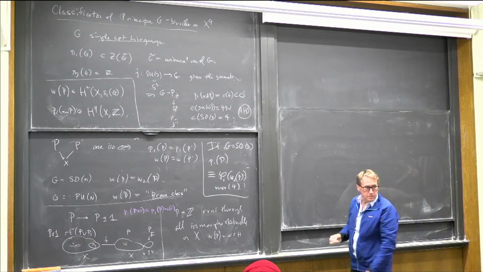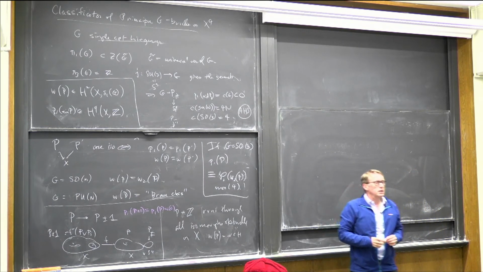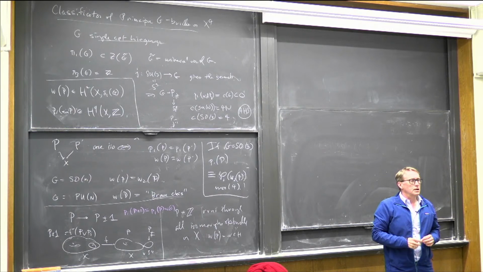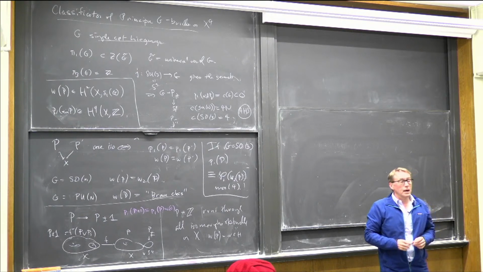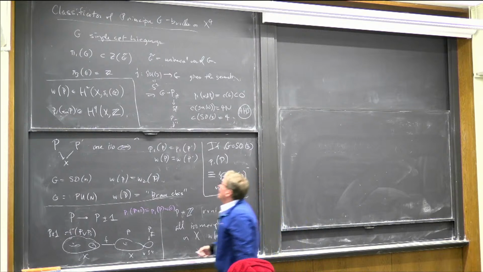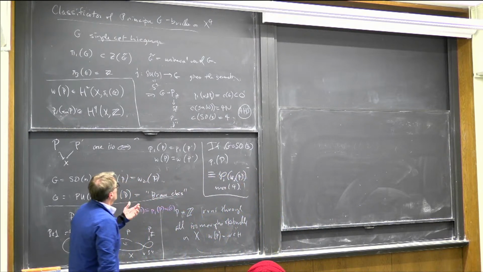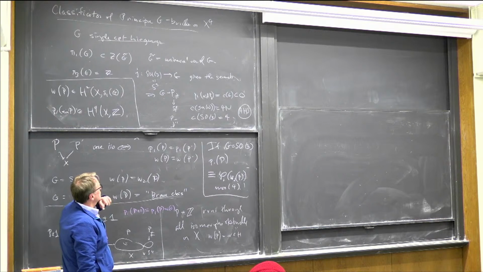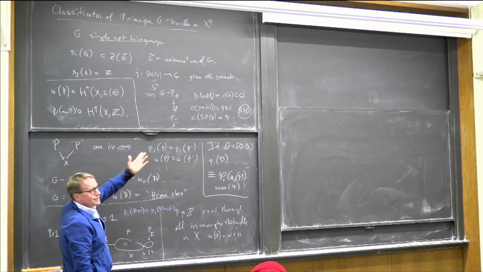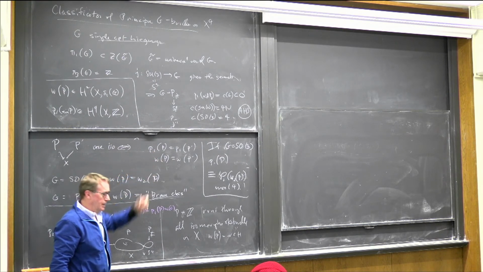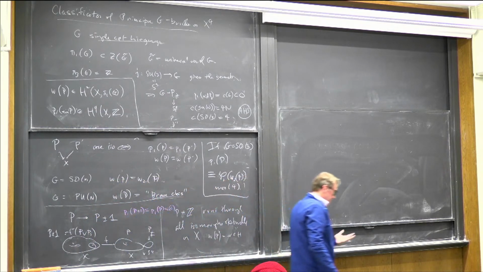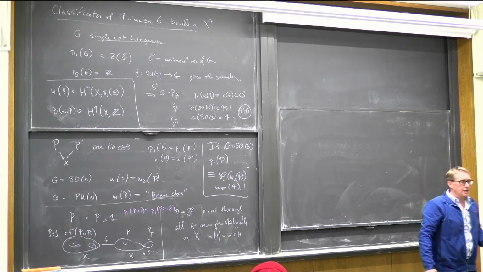I thought that G is always SO3 and C of G is always 4. But does C of G have some kind of description, like a representation? Yeah, I mean, that is its description, which is some story about sum over roots.